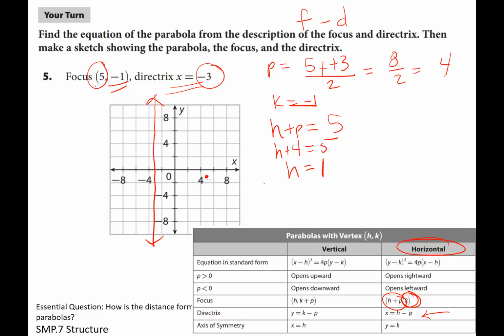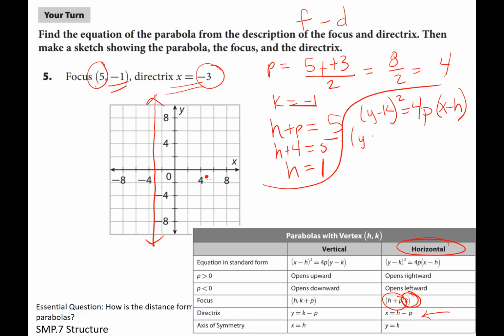So we're going to fill in now into our formula, which is y minus k squared equals 4 times p times x minus h. We're going to put the k value in, which is -1.